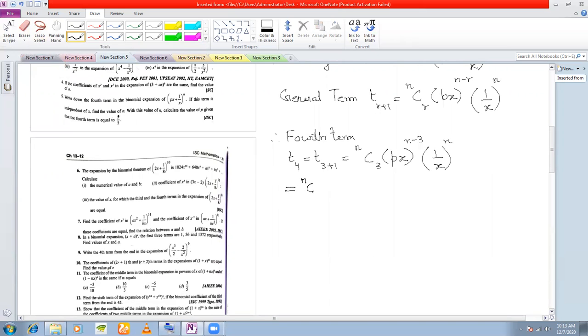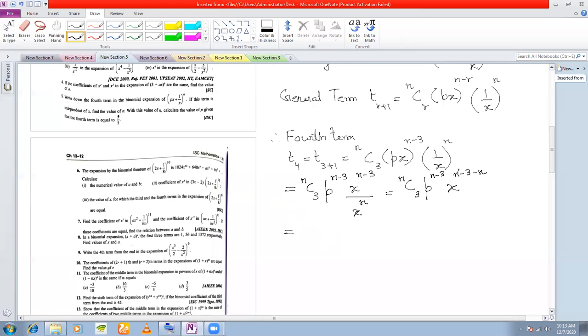So nc3 p to the power of n minus 3 x to the power of n minus 3 divided by x to the power of n.